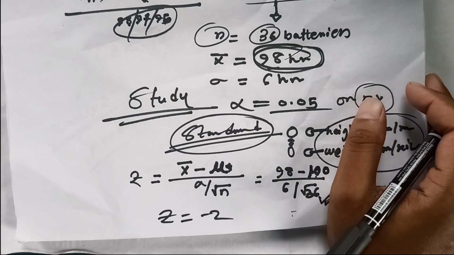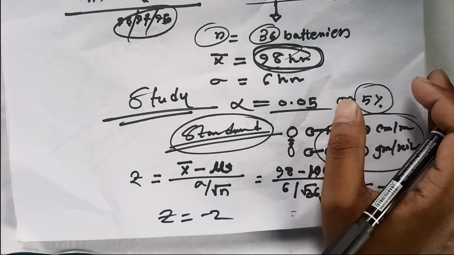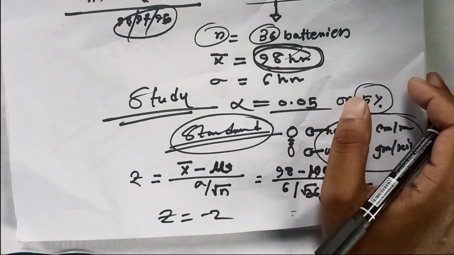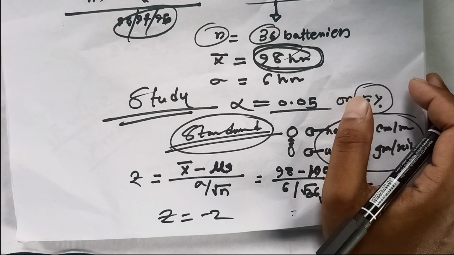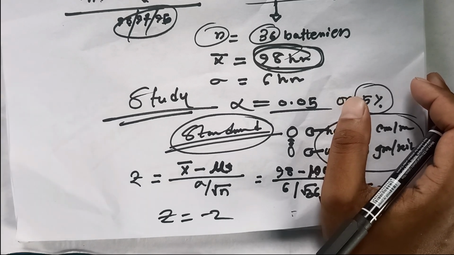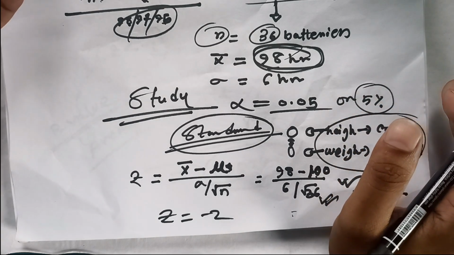So in the company's claim that the mean is 100, there is only a 2.28% chance we would see a sample of 36 batteries with an average life of 98 hours or less just by random chance. So what should we do?